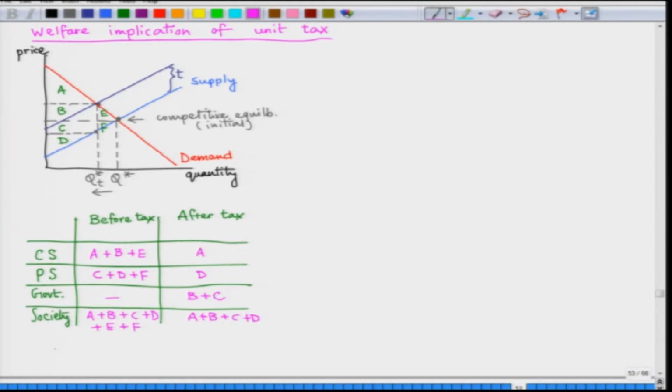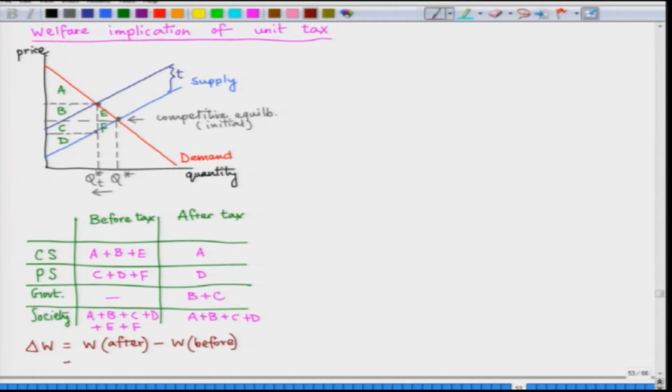Okay. So, then what is my change in welfare? If I denote that change in welfare by delta W, then basically I am interested in W after the tax imposition minus welfare level before tax imposition, right.